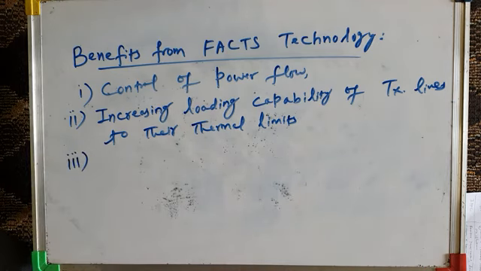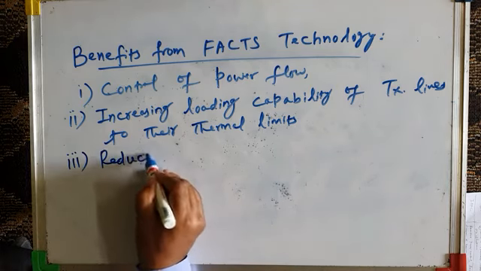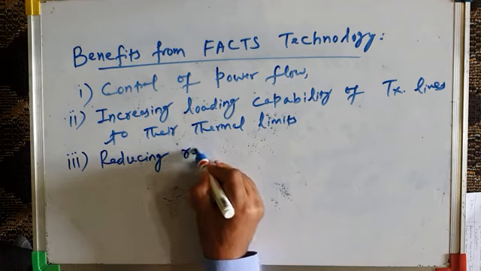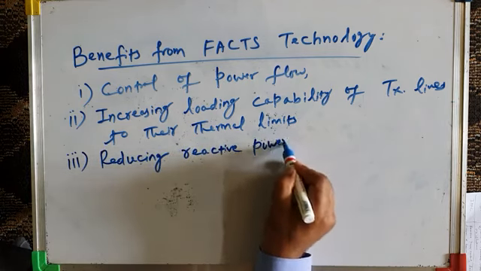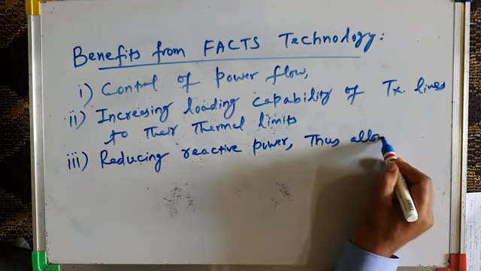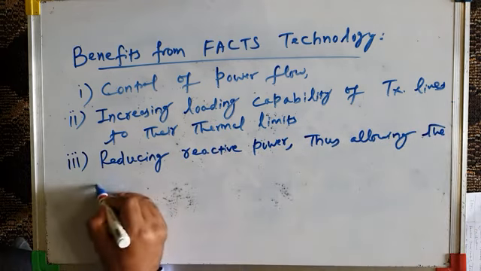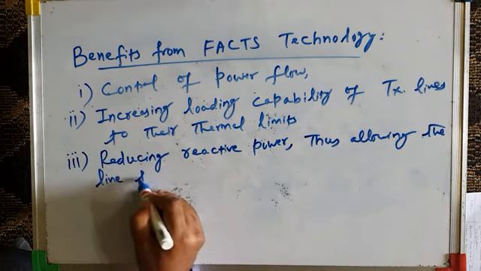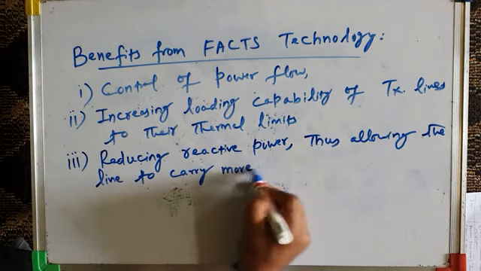Third is reducing reactive power flowing on the transmission line, thus allowing the line to carry more active power.